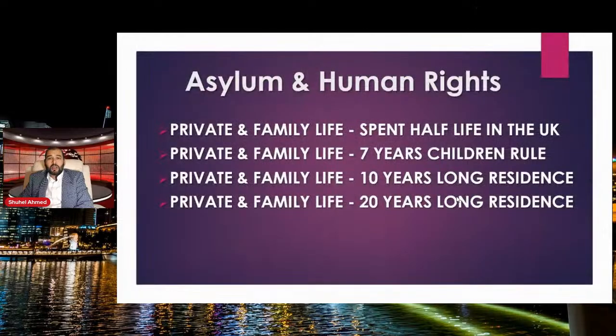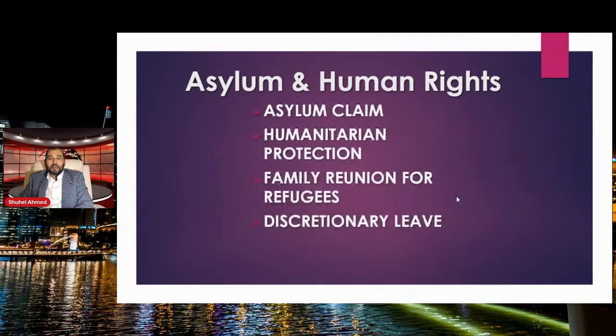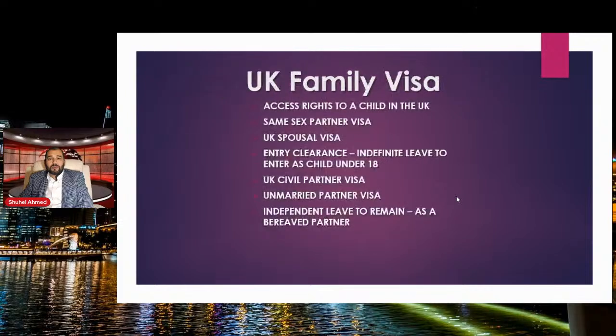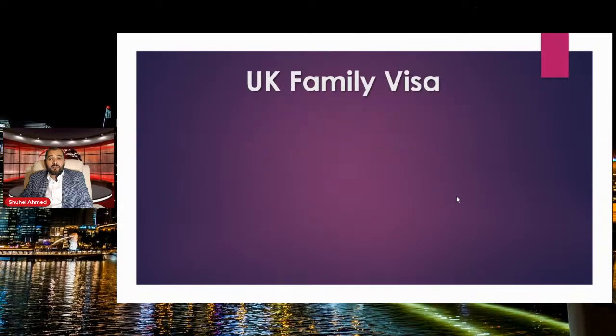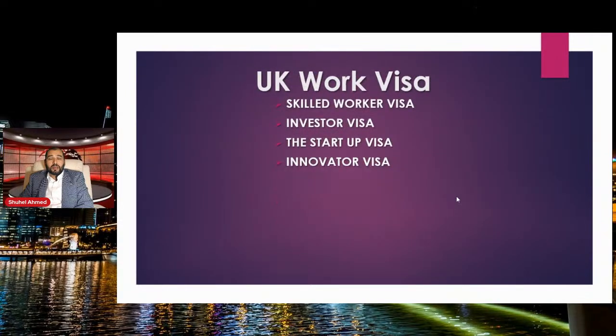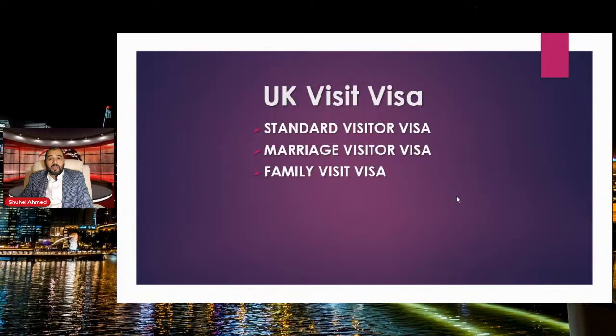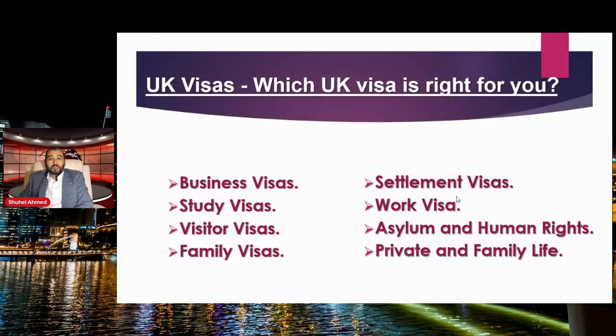So this is all a brief introduction of UK visa and immigration, with the different types of visa which are currently available for non-EU or EU citizens. If you know what types of visa you actually need, it will be helpful for you to choose what type of visa you enter the UK with, especially for work permits, because people are looking for work in the UK, but you need to know what type of work permit you should enter into.